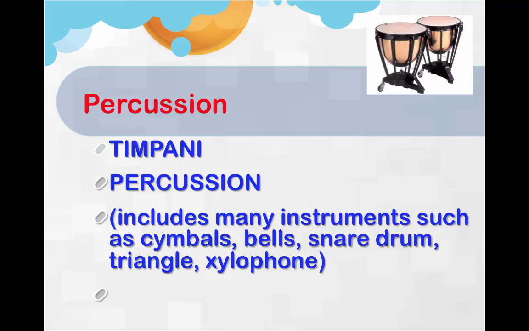You can also find instruments like cymbals, bells, snare drum, triangle, xylophone, marimba, and so on and so on. They're endless, the percussion instruments. But basically, percussionists are trained to play any kind of instrument that can keep a rhythm. All right, and you have timpani pictured on page 20 of your textbook.